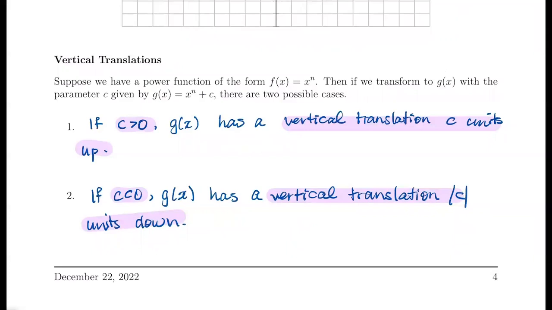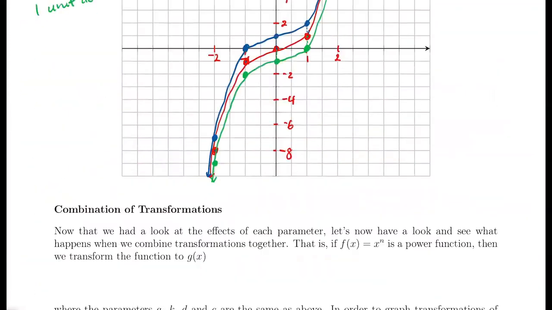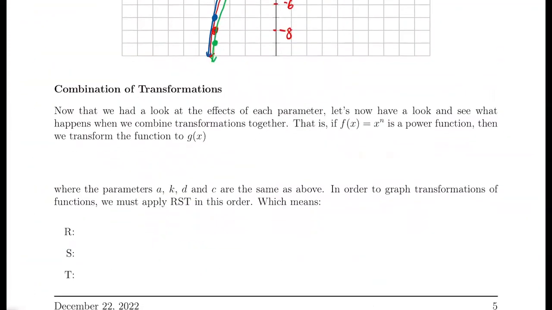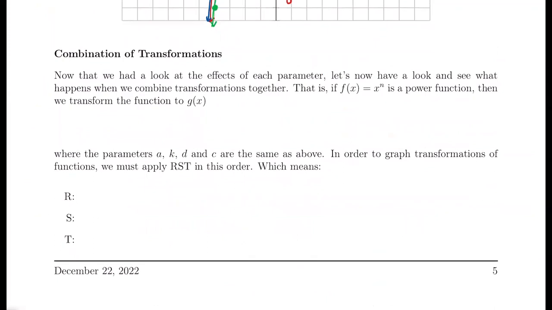We explored them all. Now let's see what happens when we try to combine all these transformations. So now that we had a look at the effects of each parameter, let's combine the transformations together.